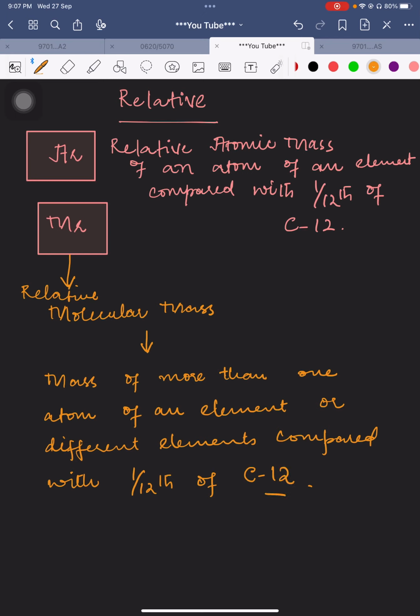So it means that when we are going to compare the mass of more than one atom of the similar element or different elements, then it will be called the relative molecular mass.